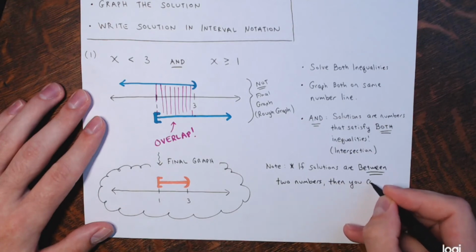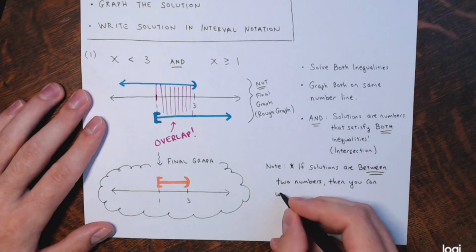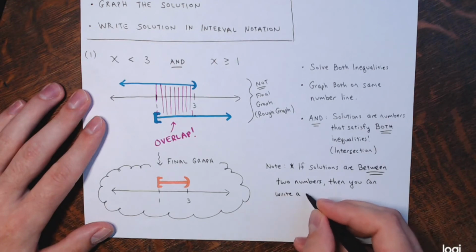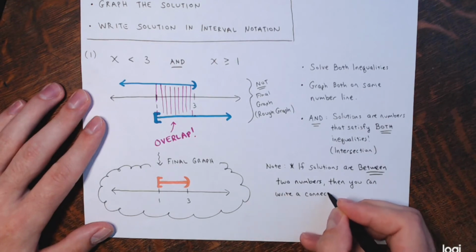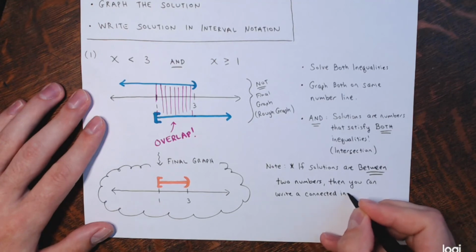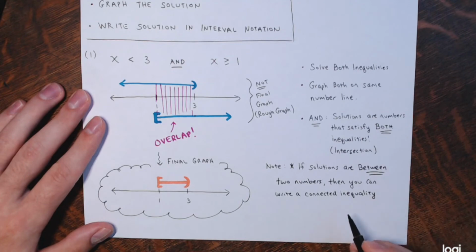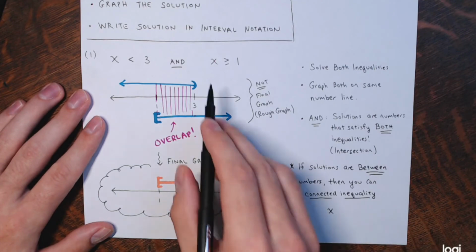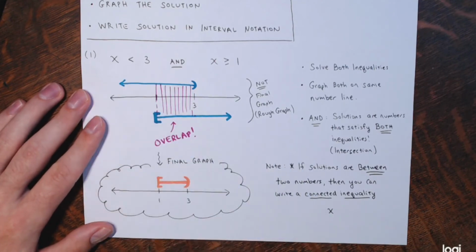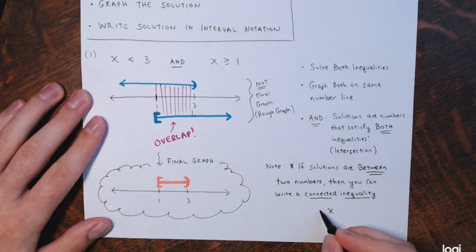Then you can, if you want, write what I'm calling a connected inequality. And that would be like the following. Right? Here's this connected inequality here. So all my solutions, all the values of x, right, the variable here was x, are between, right, so like this, less than one number, greater than another.